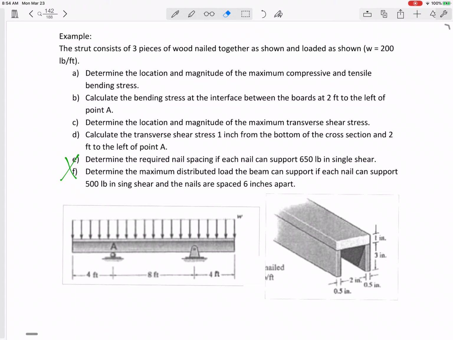I want to draw the shear and moment diagram. I'm probably going to ask for a shear and moment diagram for you, but those are helpful when you're trying to find the maximum, right? Because it shows you where the maximum is for the maximum bending stress, the maximum shear.